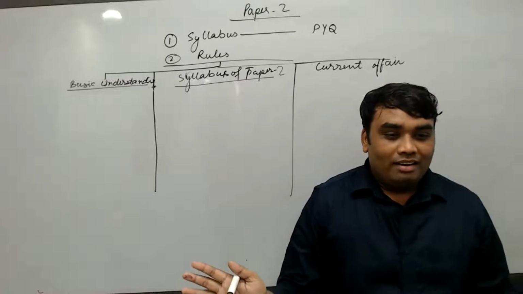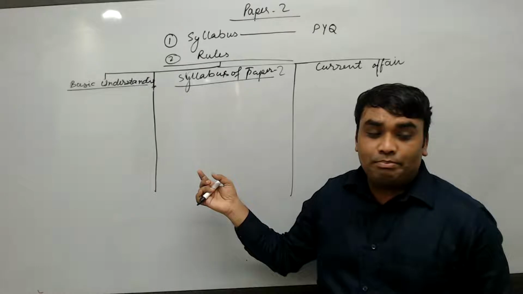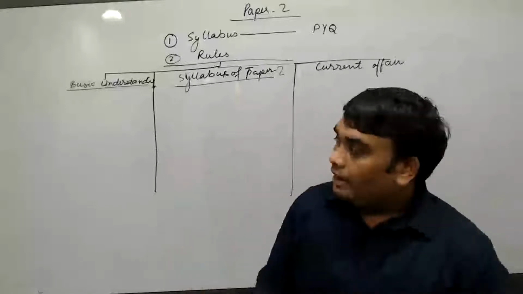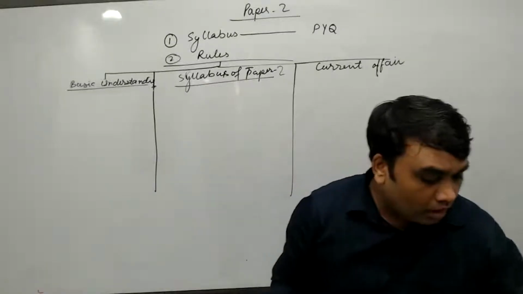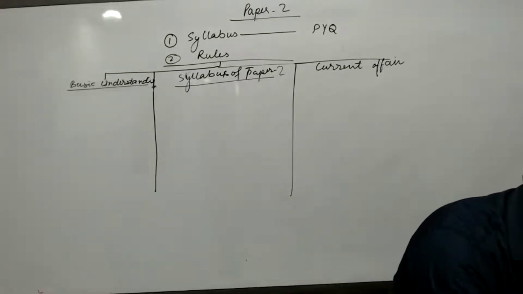No. Paper 2 answer writing is based also on paper 1 basic understanding as well as current affairs. So you should set your strategy. Right? Like I mentioned in the last class, because we have started dealing with this section.